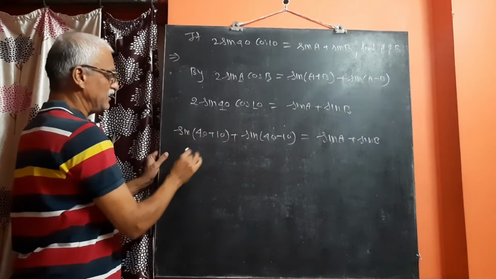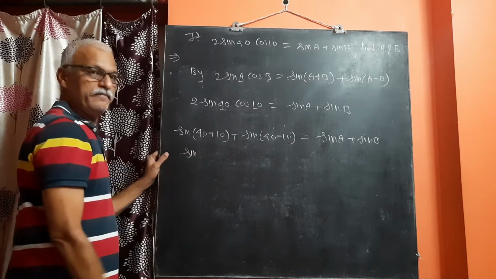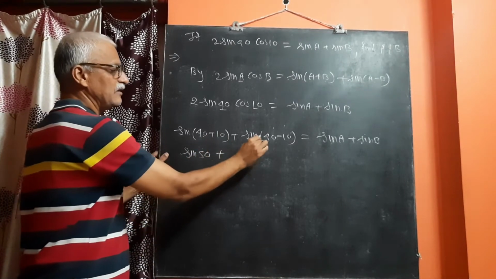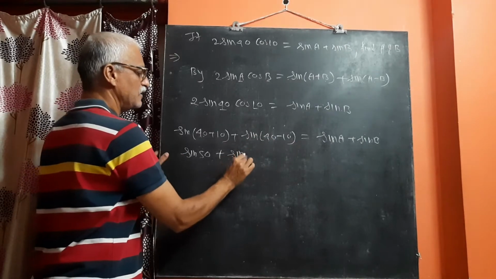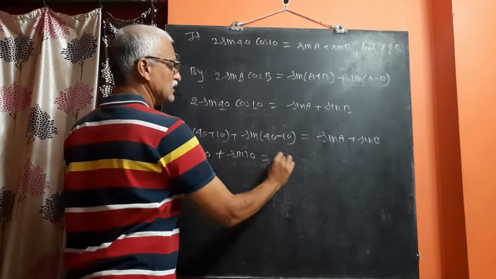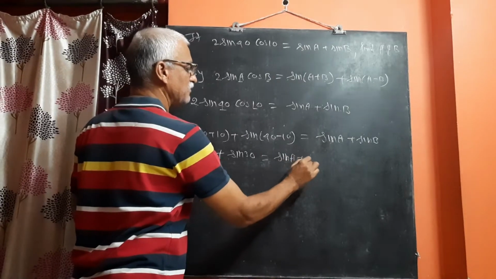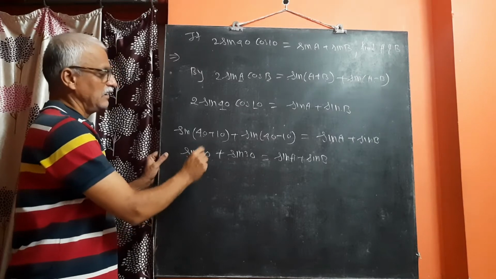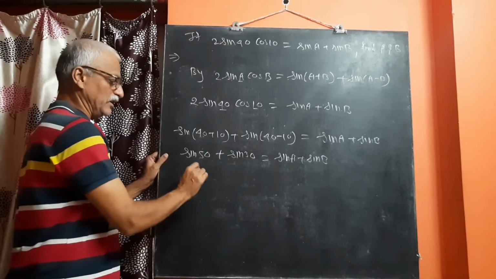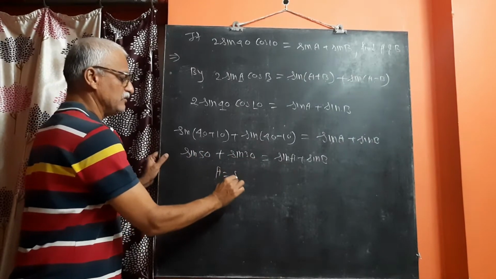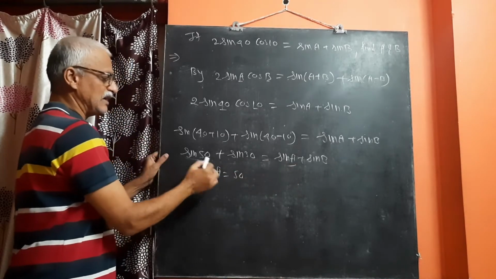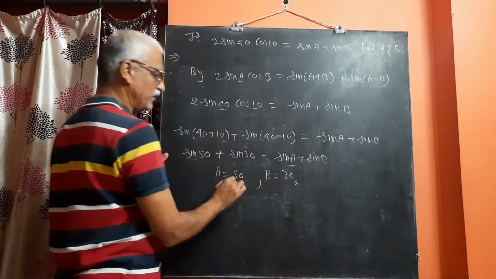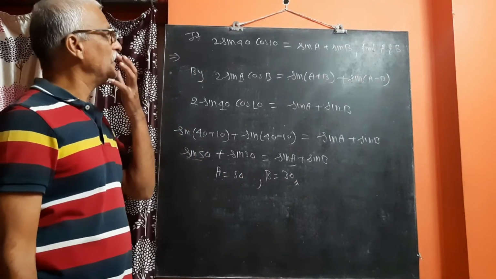So 40 plus 10 means sin 50, plus sin 40 minus 10, that means sin 30, equal to sin A plus sin B. Now comparing the left hand and right hand side, we get A is equal to 50 and B is equal to 30. So the value of A is 50 and B is equal to 30.